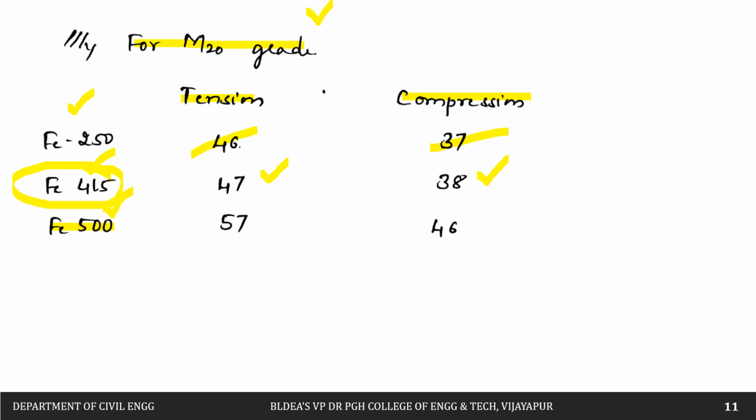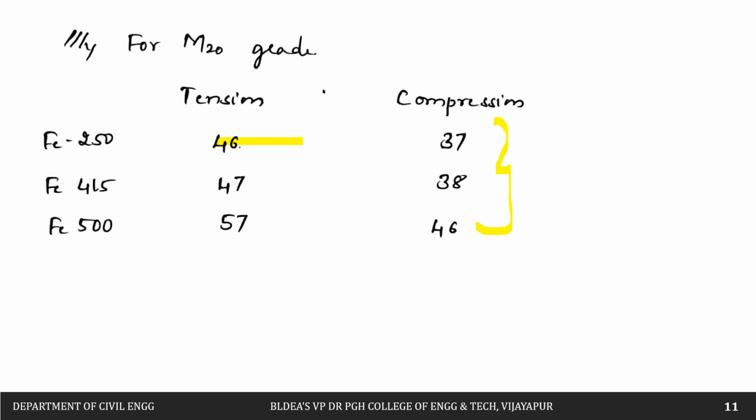And for Fe500, in tension it will be 57 times the diameter of the bar, and in compression it will be 46 times the diameter of the bar. So you can remember these, or you can use the formula to calculate this value. What we have just seen was for Fe250, that is mild steel bar. Further, if you want, we can do the calculation for the others.